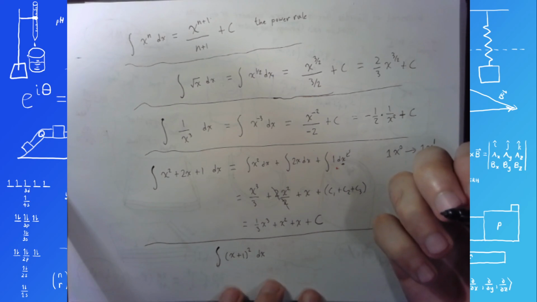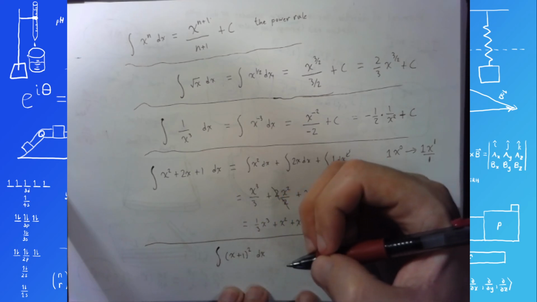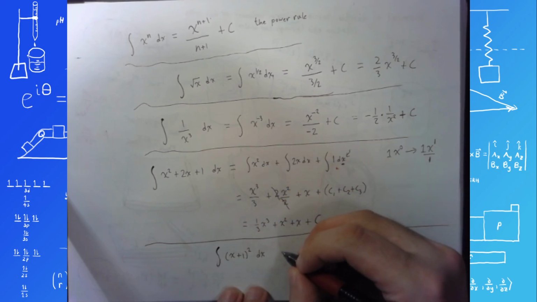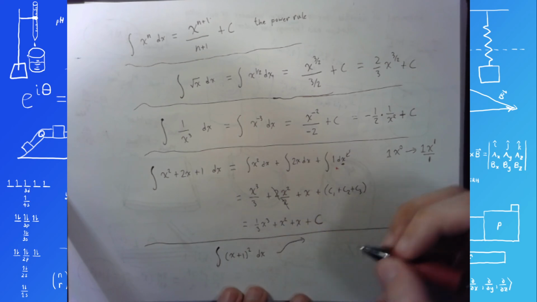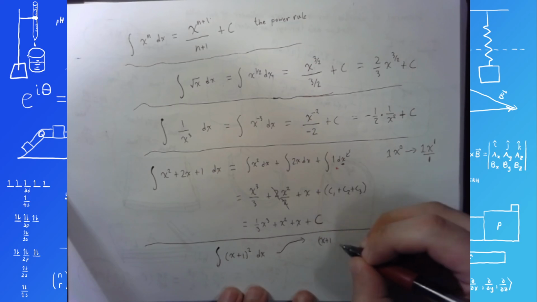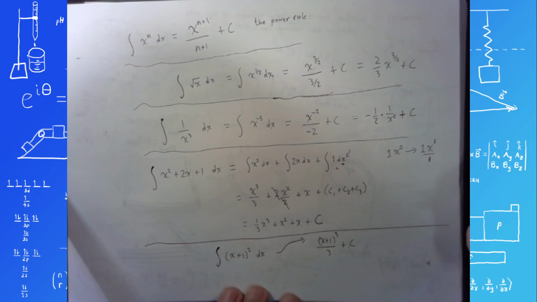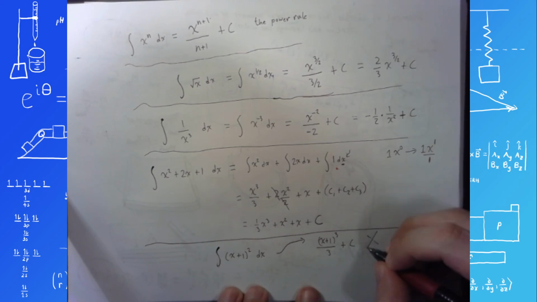You might think, well, okay, I'm just going to increase the exponent by 1 and divide by the new exponent. You might think that you can just do x plus 1 cubed over 3 plus c. And you would be wrong.